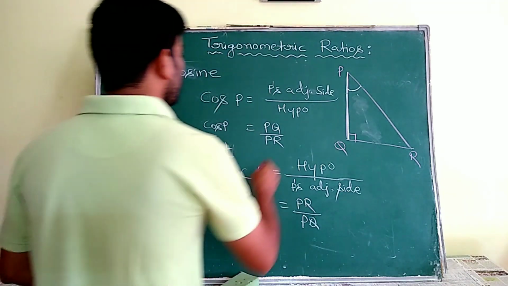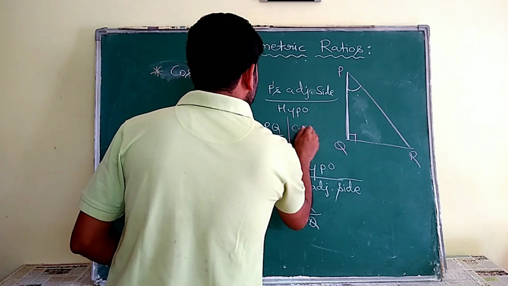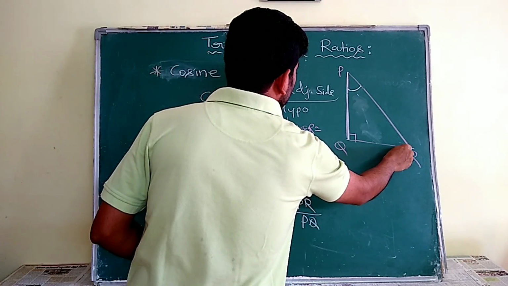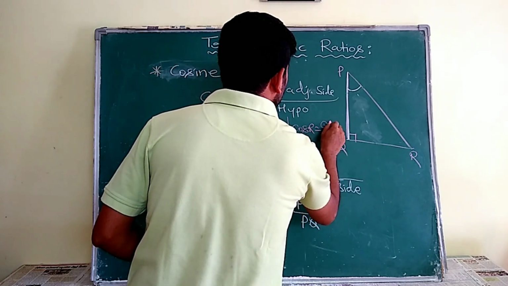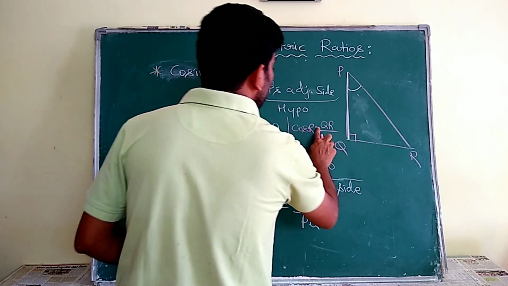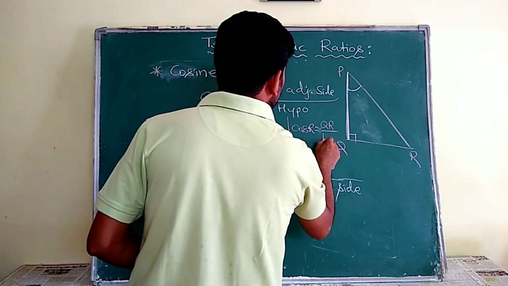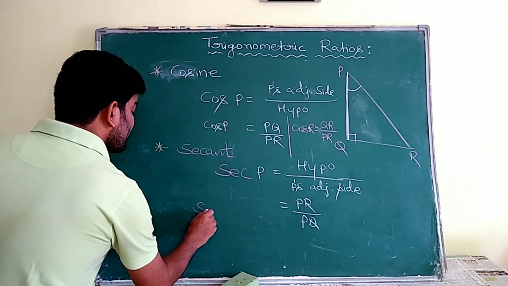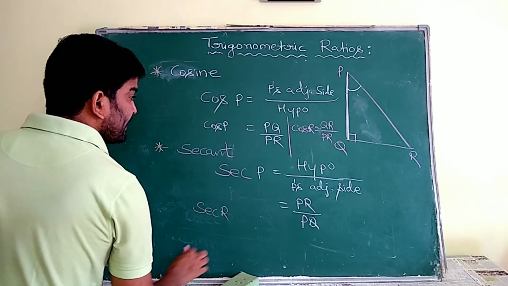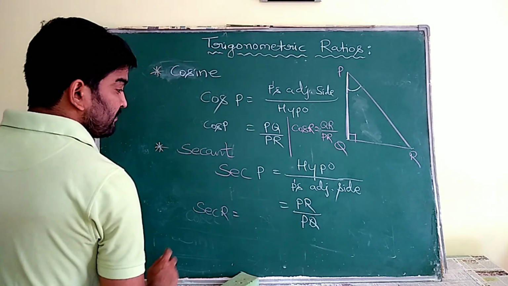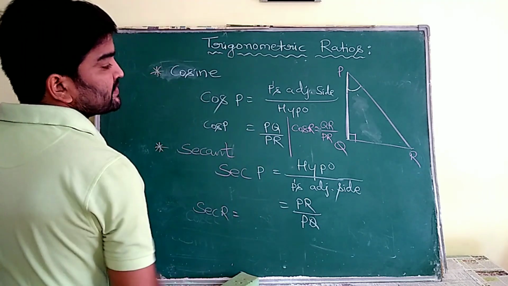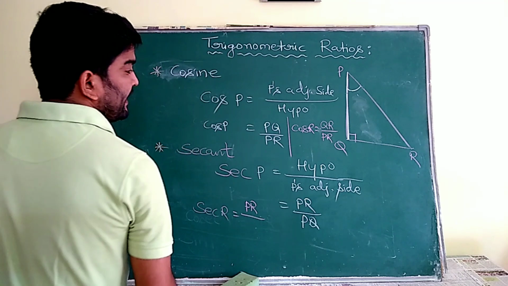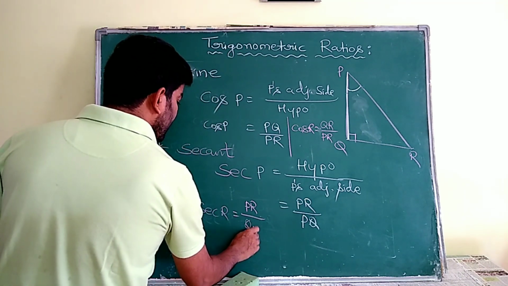For example, if I am going to write cos r, cos r means r's adjacent side, which is qr, by hypotenuse pr. This is cos r. If I write secant r, secant r is equal to hypotenuse pr by its adjacent side qr.